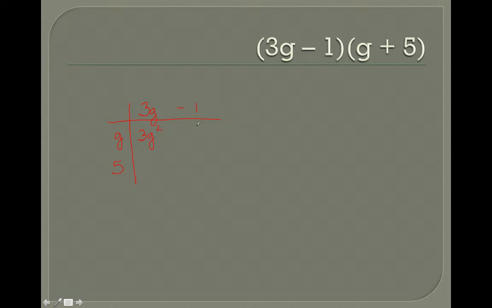G times -1 is going to be a -g. 3g times 5, 15g, and 5 times -1, or -5. So I've got 3g squared, a -g, and 15g is going to give me 14g, and -5.